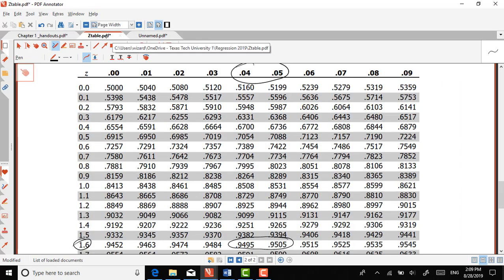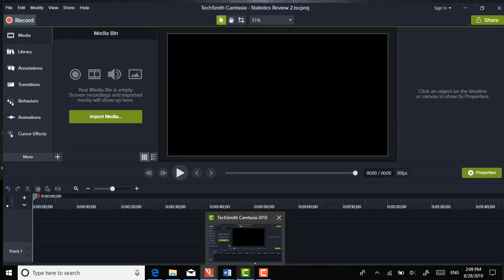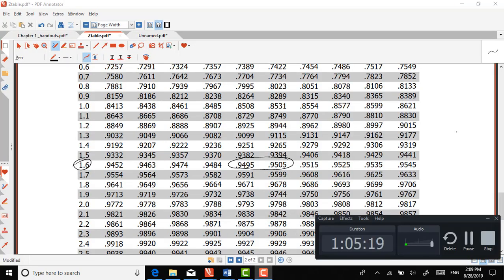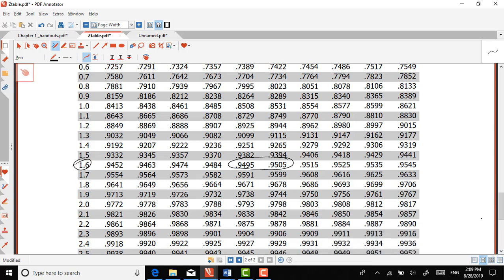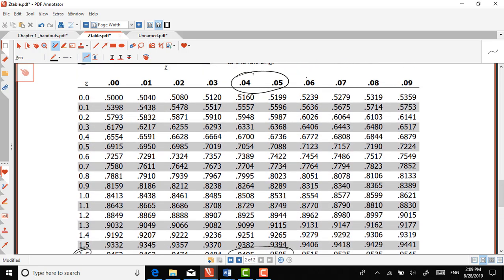Again, you go to the table. We're looking for 0.975. Actually, in this case, we found the exact value. It corresponds to a z of 1.96.